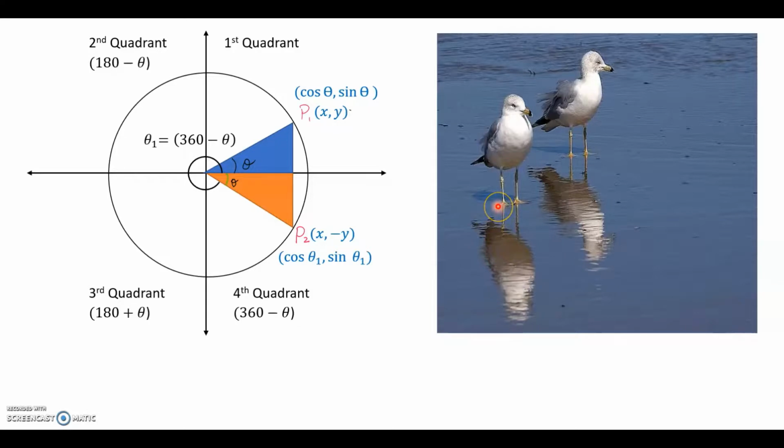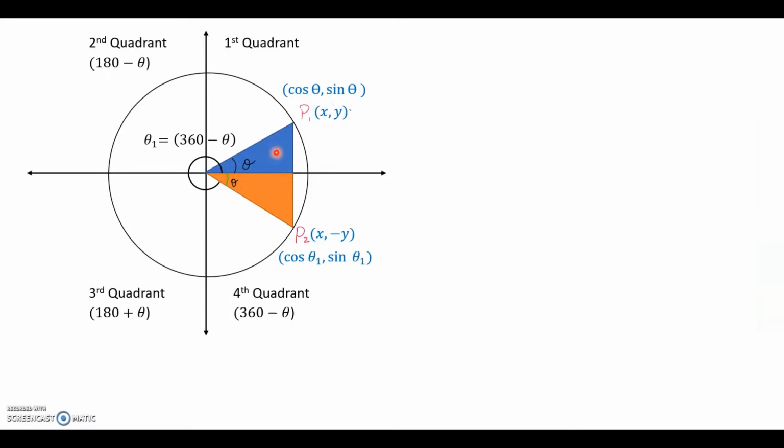You see the reflection starts from the feet and goes to the head, so it's like a reverse, vertically flipped image. This is also a vertically flipped image of the image which is in the first quadrant. All right, now let's move on to find the trigonometric ratios.